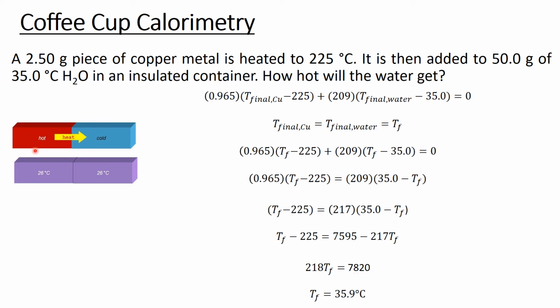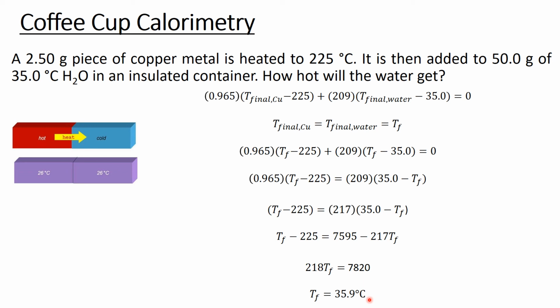So you have your hot piece of copper at 225 degrees Celsius, and you have your cold water at 35 degrees Celsius. So my hot copper is going to transfer heat to my cold water. And so I should expect my final equilibrium temperature to be somewhere in between 225 and 35. And indeed it is. 35.9 is less than 225 and it's greater than 35.